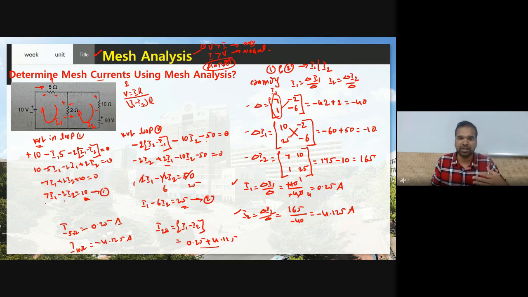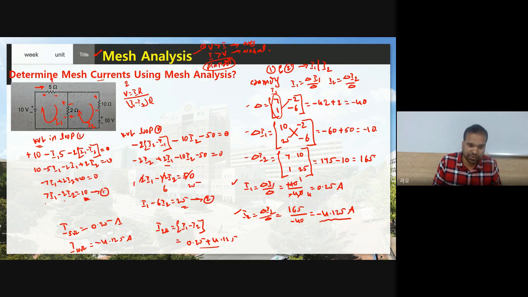But current should be positive, right? Current may be 1 ampere, 0.5 ampere, 2 ampere. But why did I get minus 4.125? How can I understand this? See, I2 current was assumed to flow in the clockwise direction. Whenever you get minus, you have to understand that the actual current direction is opposite to your assumed current direction.